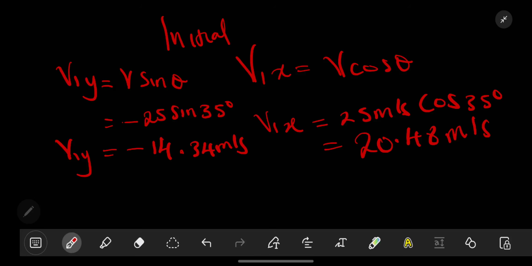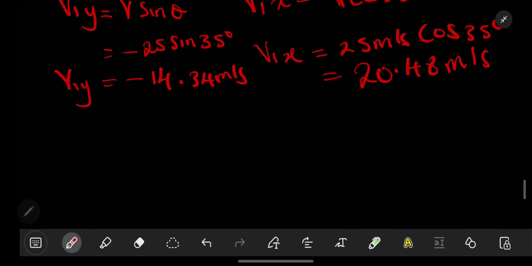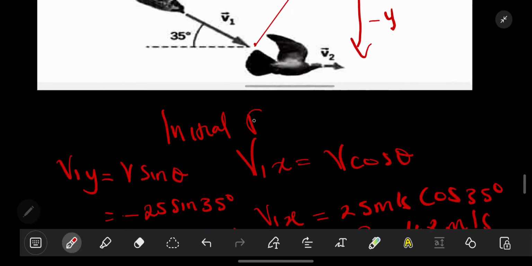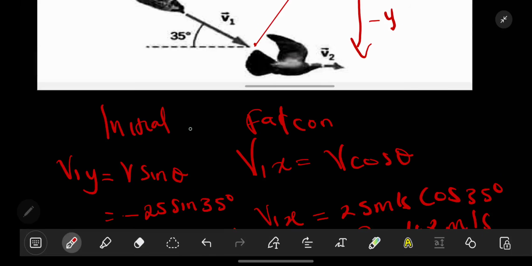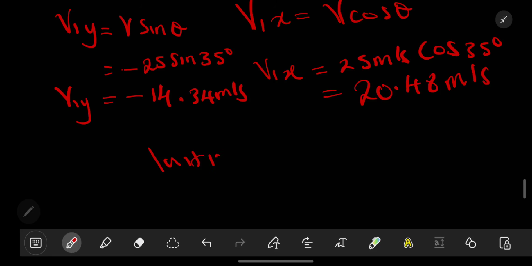Considering that we have found those, our aim is to find the velocity after impact if the pigeon's initial velocity was 7 meters per second directed horizontally. Let's name the initial velocity for the falcon, then the initial velocity for the pigeon.